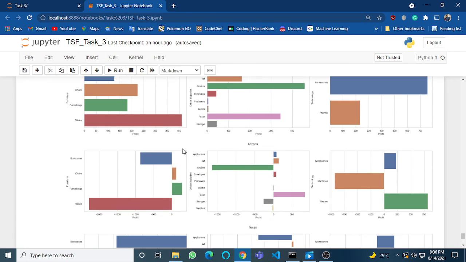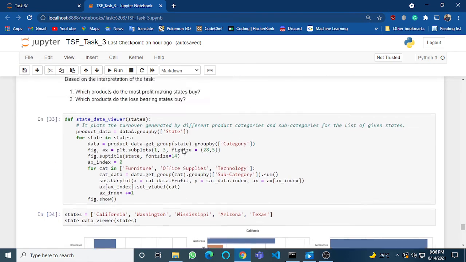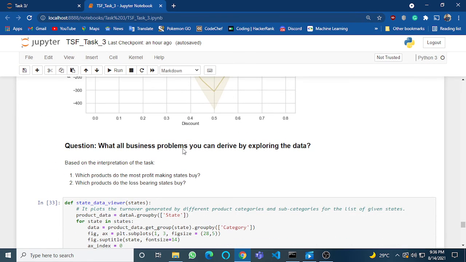This is the visualization I've done, and from this also I can draw insight that it tells us the states and categories where the sales and profits are high or less. We can improve in those states by providing discounts in a preferred range so that the company and consumer will both be in profit.